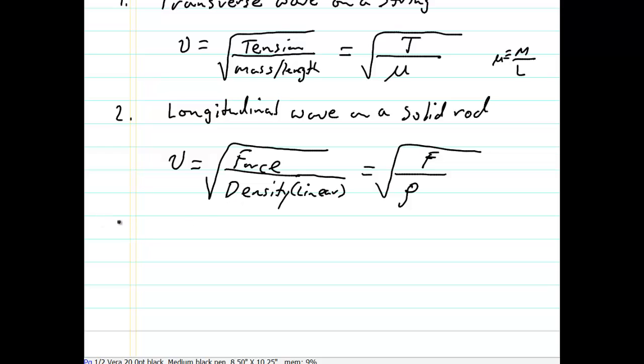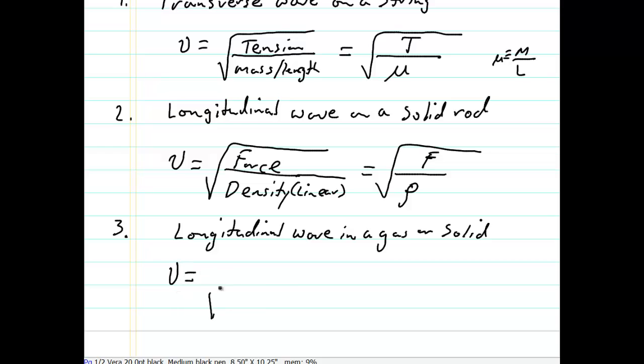A third type of problem that's common is to look at a longitudinal wave in a gas or solid. And again, we have the square root.